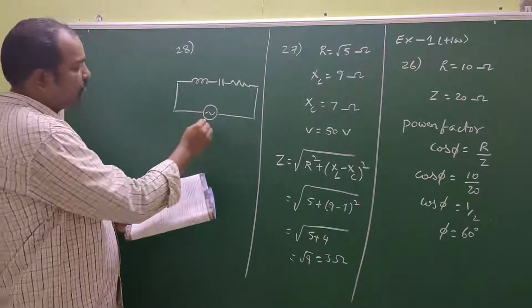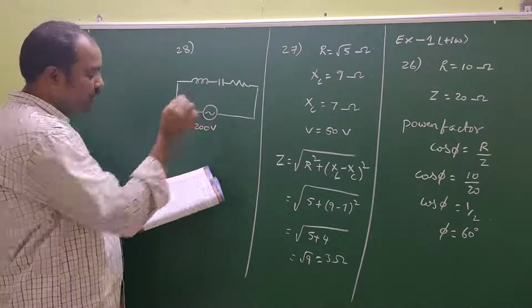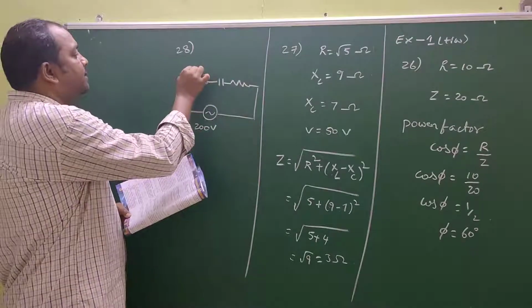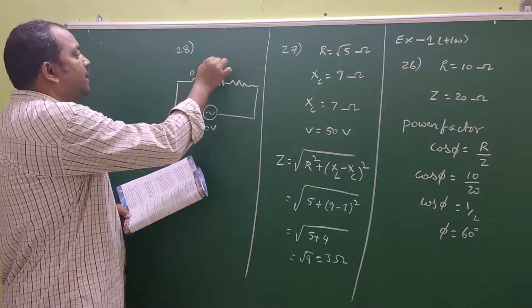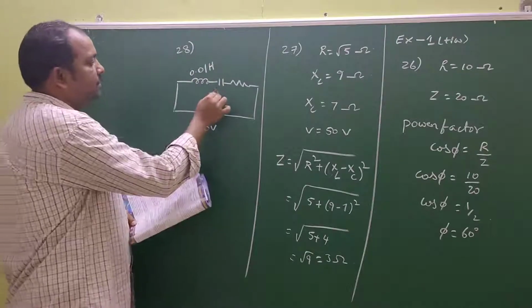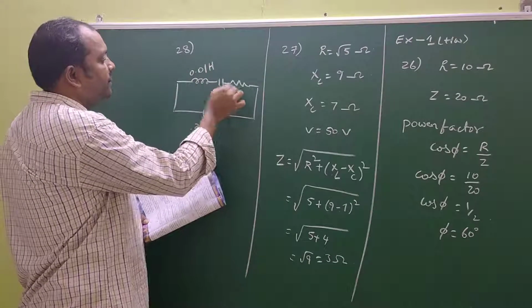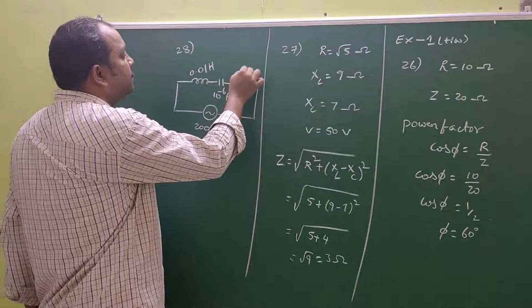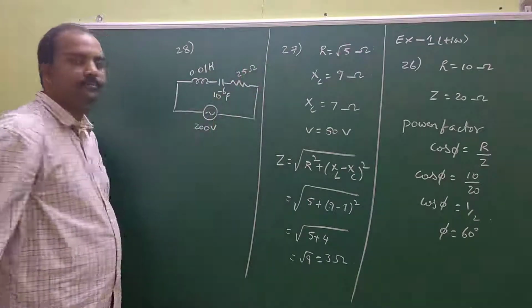Here the potential is 200 volt, inductance is 0.01 Henry, capacitance is 10 power of minus 6 farad, and resistance is 25 ohm.